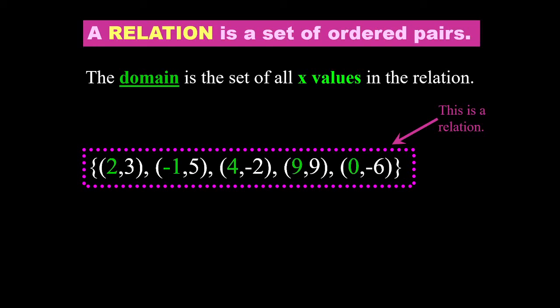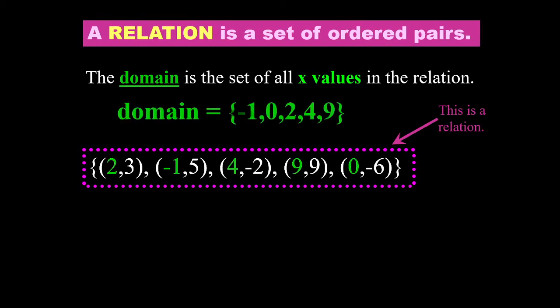Now, how do you write your domain? Your domain is again a set, so you will be using again curly braces or brackets. So write this, and I'm gonna be writing this from smallest until largest, but it's okay not to arrange them. But in this case, I'm gonna arrange it in increasing order.